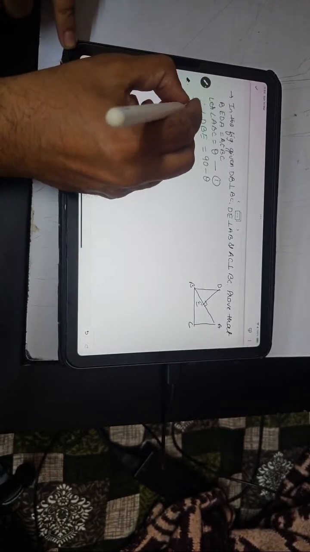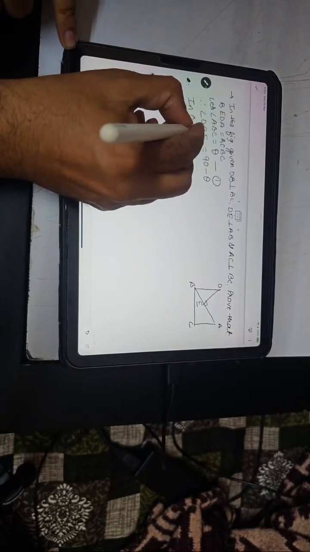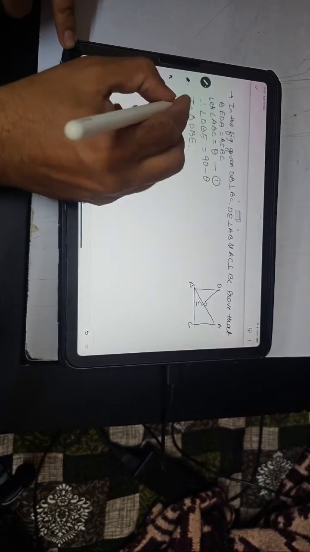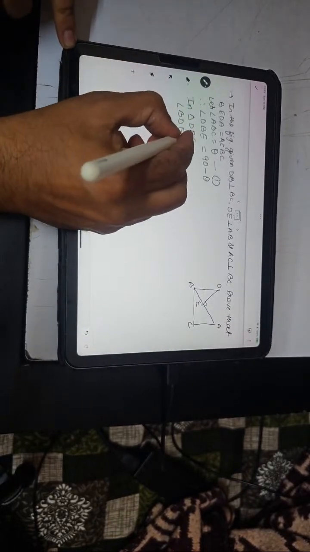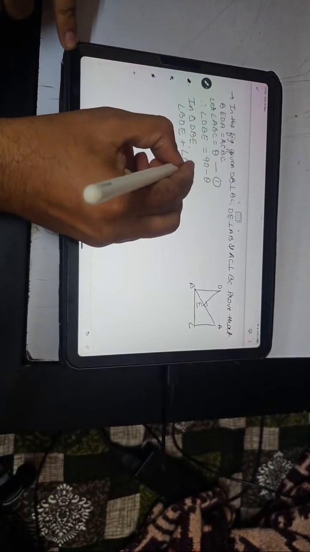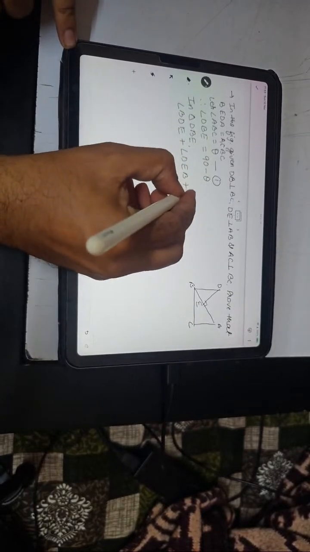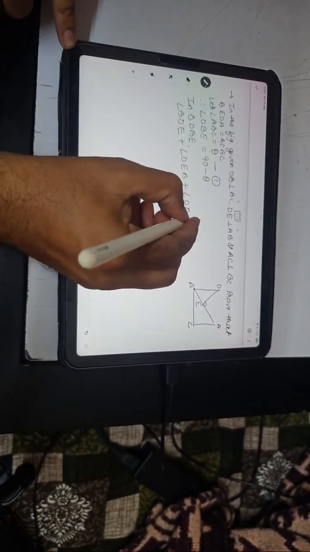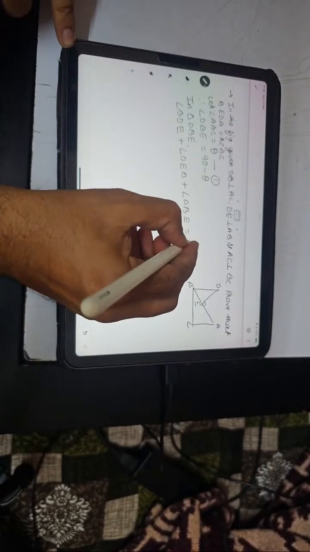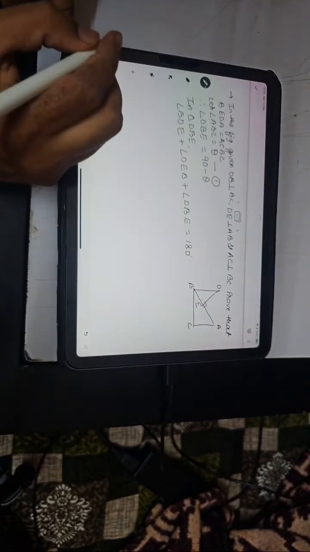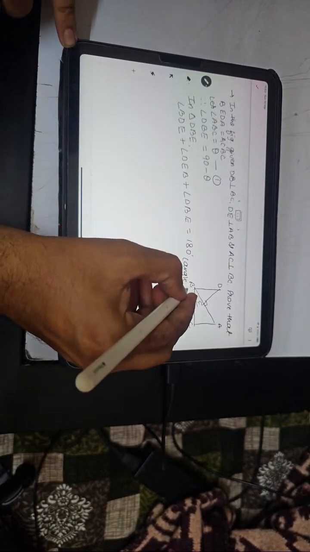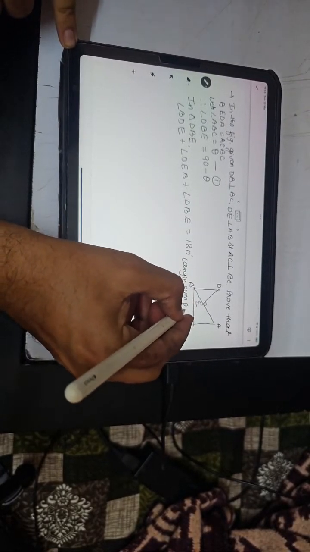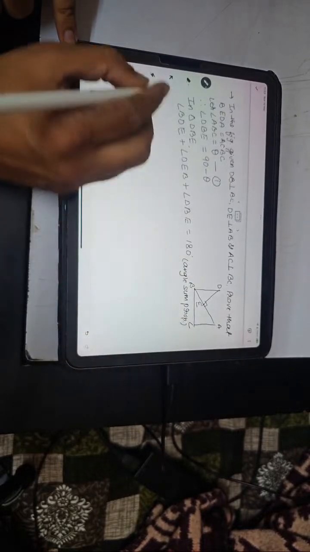So, in triangle DBE, angle BDE plus angle DEB plus angle DBE will be equal to 180 degrees. This is the angle sum property of a triangle, so I have used that directly.